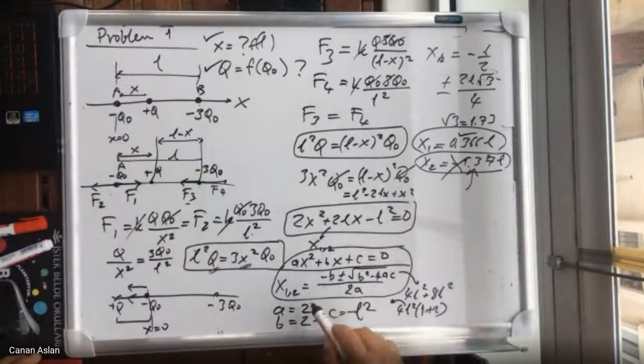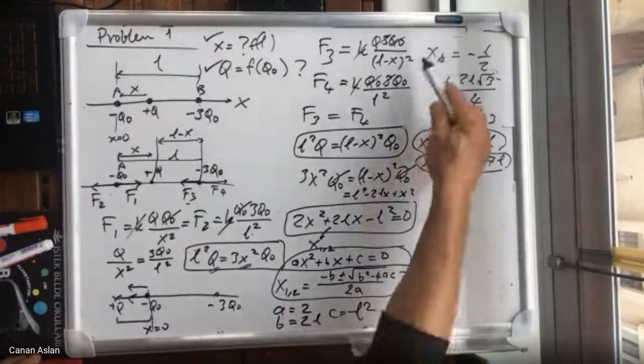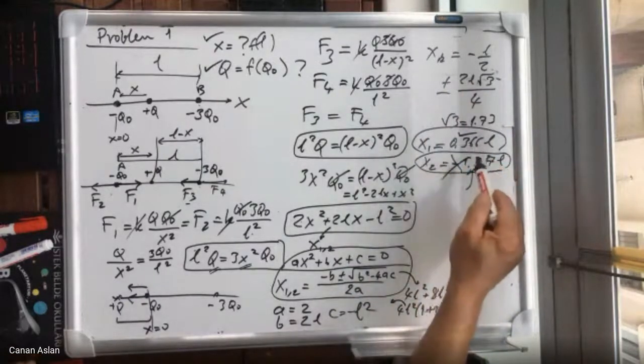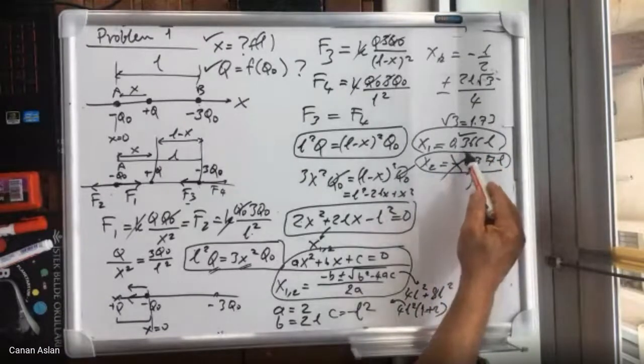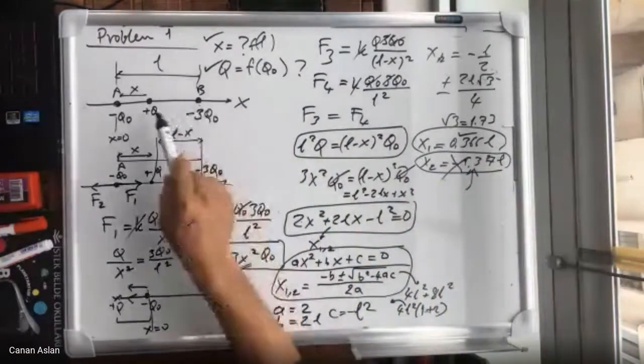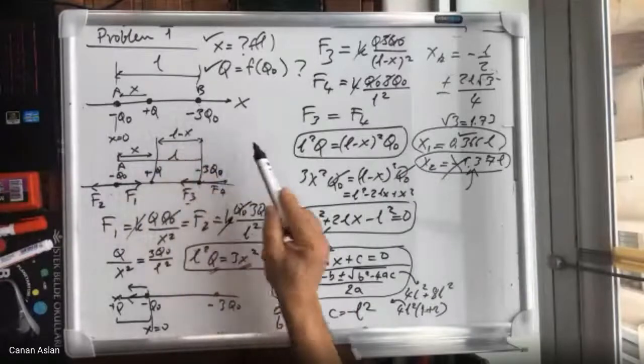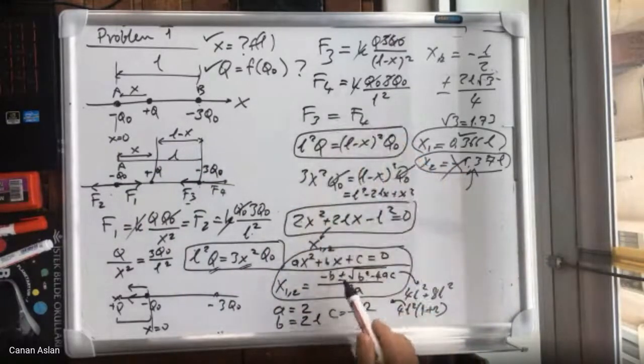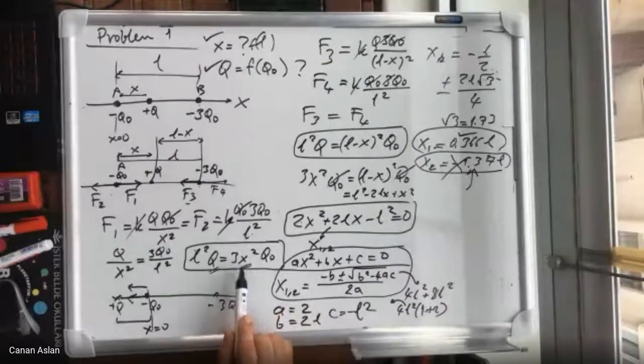As you see, mathematics gave us this solution, but physics allowed us to choose the correct solution. So x should be 0.366 L in order for the system to be in equilibrium. So how can we solve for Q as a function of the other Q? By using one of the equations.